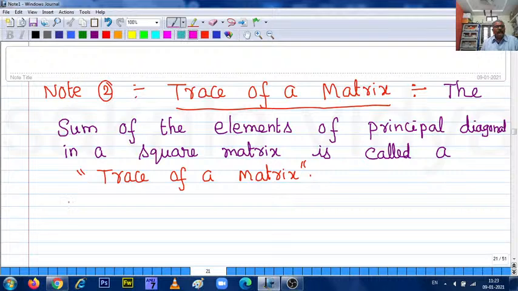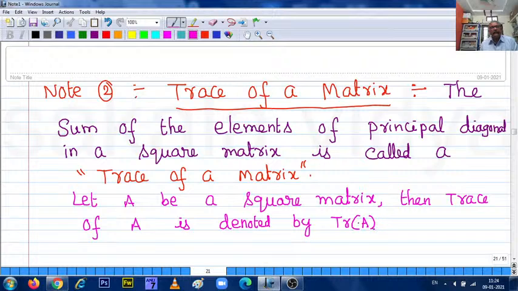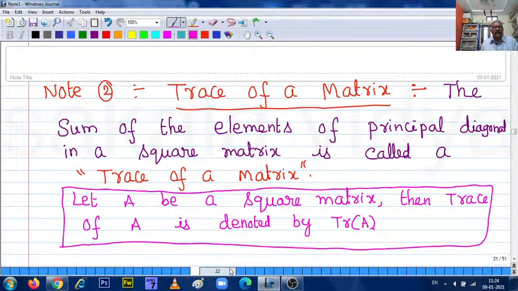So now let A be a square matrix. Then trace of A is denoted by tr of A, trace of A. Let us discuss one example now.